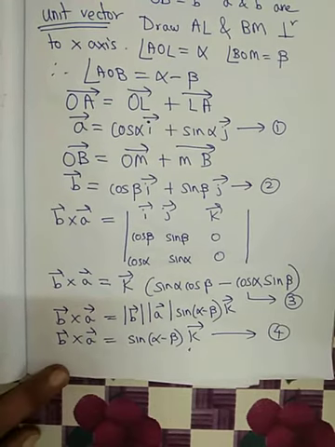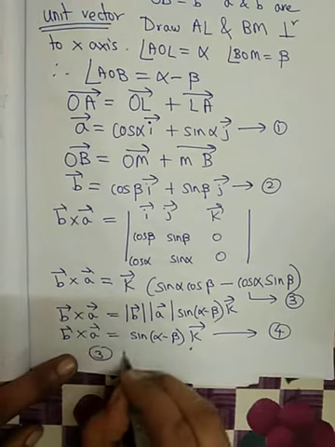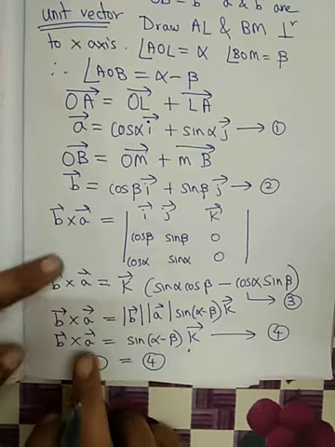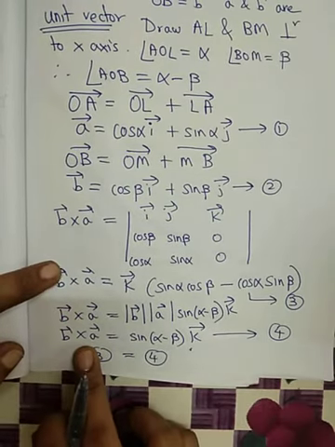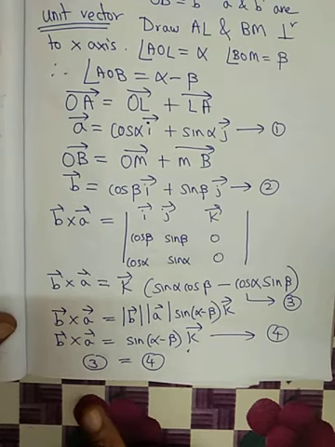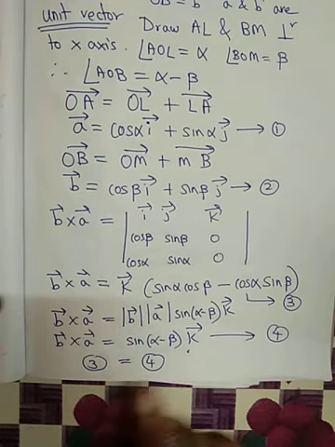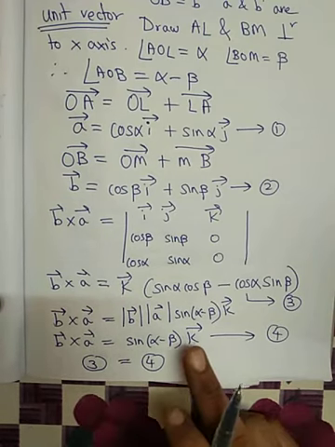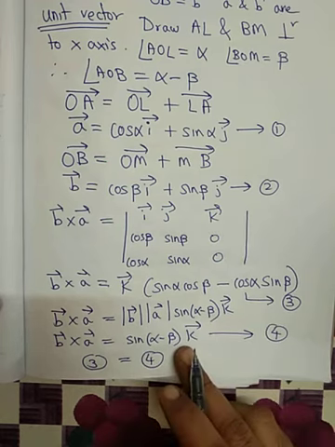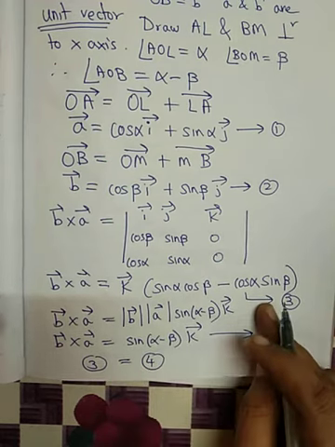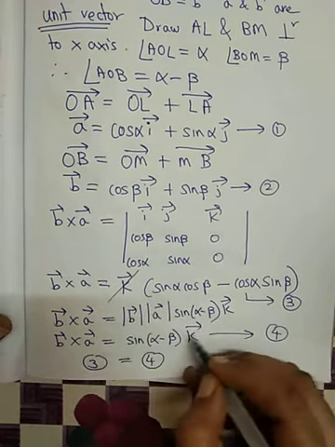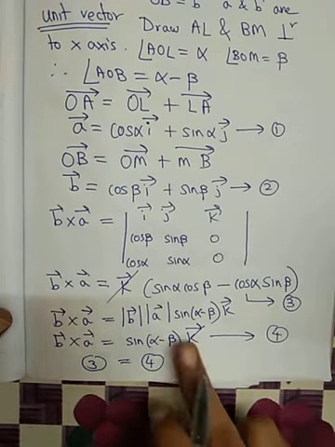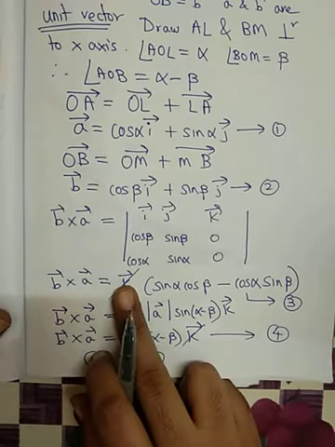Actually 3 and 4 are equal. Why they are equal is both are giving you the value of B cross A. So both are giving the value of B cross A, means they are equal. Now when I equate equation 3 and equation 4, I can cancel this k vector. Here also k vector is there, here also k vector is there.